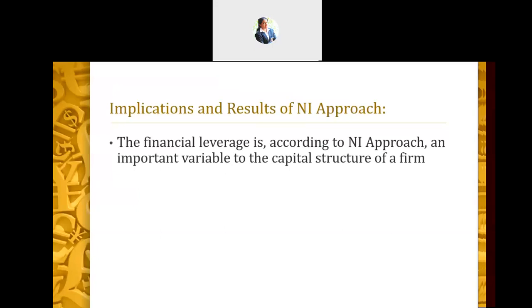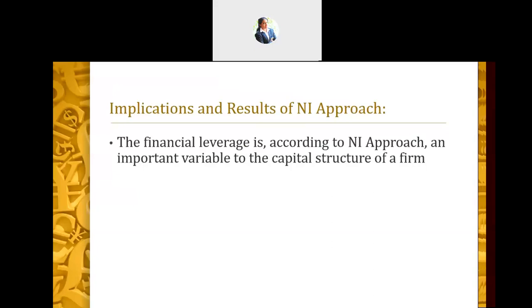Now you always have to remember why the NI approach gives so much importance to debt. Because the main assumption of the net income approach is that the cost of debt and the cost of equity remain constant. That is to say, there are some situations.